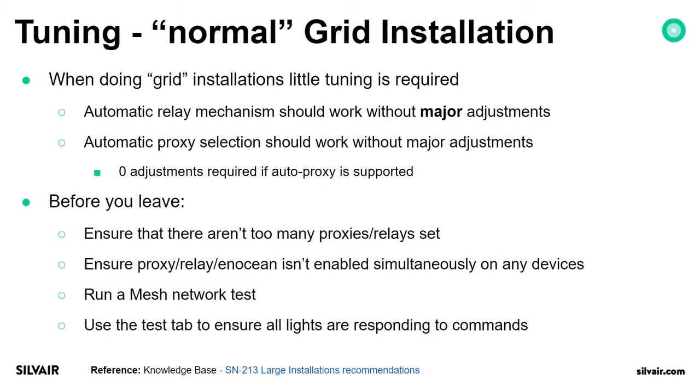Ensure proxy, relay, and motion isn't enabled at the same time on any device. I'm sure I mentioned this before, but we advise to use such models on separate devices. So one device in the zone is a proxy, another one is a relay, and another one is used for motion.